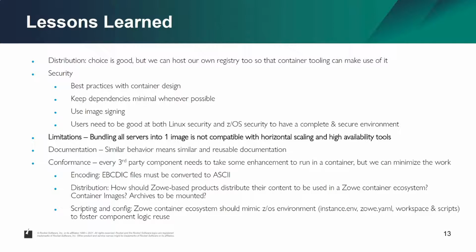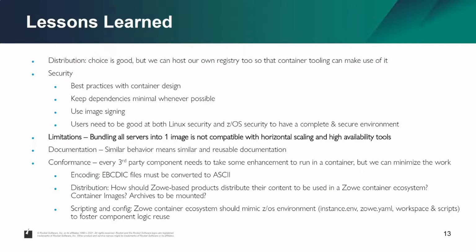Security wise, we learned how to adhere to all the best practices with distributing Zowe via Docker. And so we know going forward that we want to keep dependencies minimal whenever possible. Less software inside of the image makes it easier for us to maintain with the ever increasing complexity of security in the world.